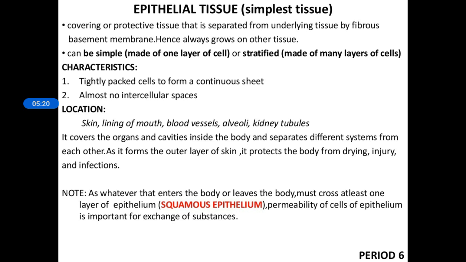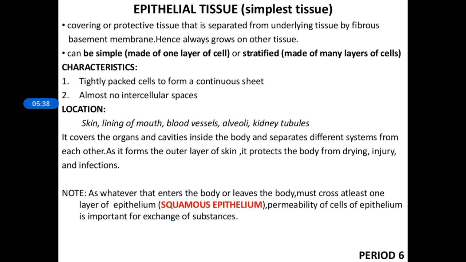What do you mean by alveoli? Alveoli are the tiny air sacs in the lungs that take up oxygen. Then the kidney tubule. So these are the places where it is located.